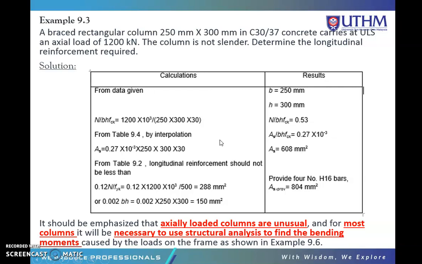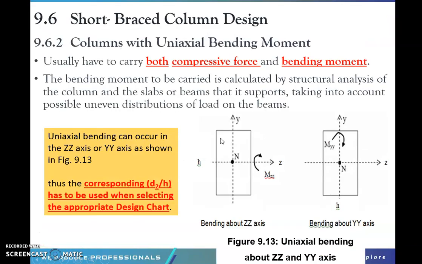Okay, so now we're going to proceed with the column with uni-axial bending moment. Apa yang dimaksudkan uni-axial bending moment? Usually column ni akan carry both compressive force and also the bending moment.